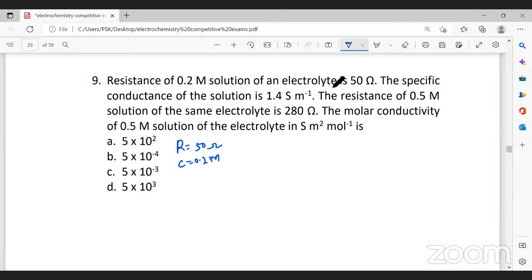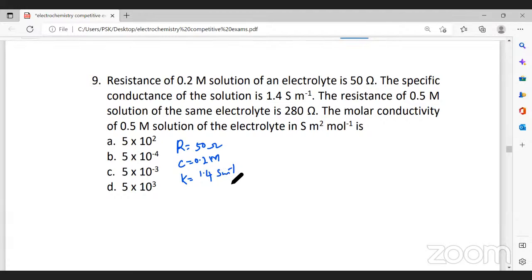The specific conductance of the solution, they've given kappa, is 1.4 Siemens per meter. This is the first part. The second part is the resistance of a 0.5 molar solution of the same electrolyte is 280 ohms. The molar conductivity of the 0.5 molar solution of the electrolyte in Siemens meter square per mole is.